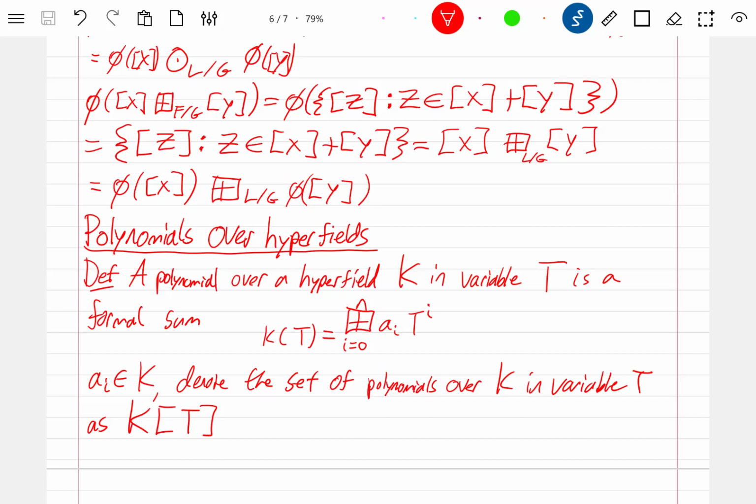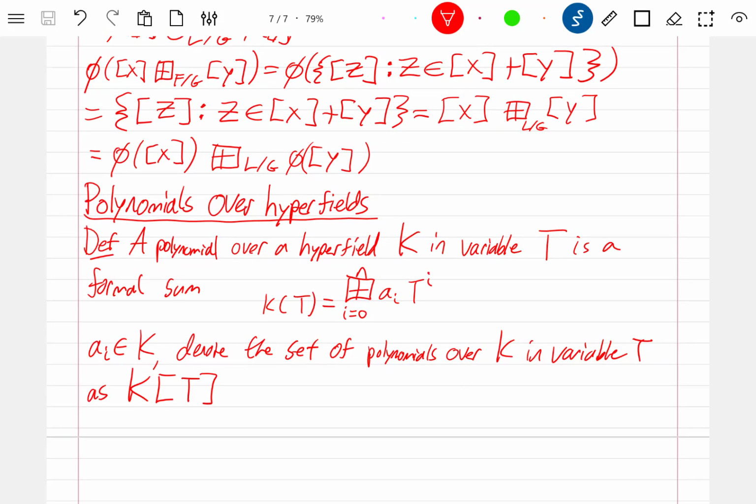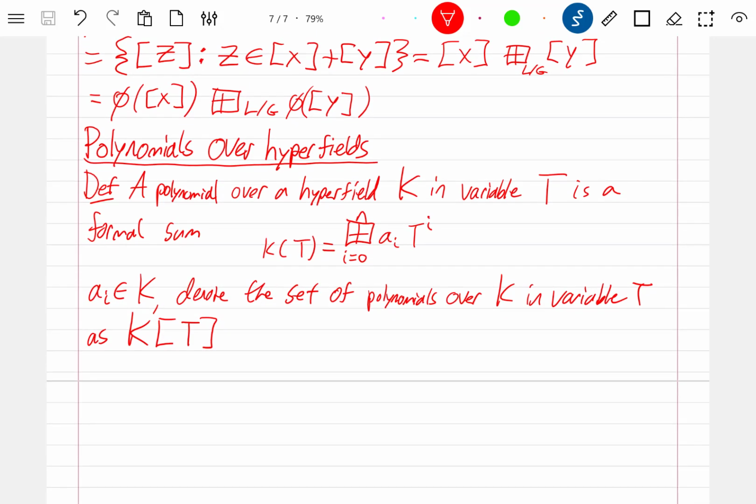Here is the next issue that you come across. We know what it means to be a root of a polynomial: something you plug in and you get 0. However, for hyperfields, you plug something in and you get a set.